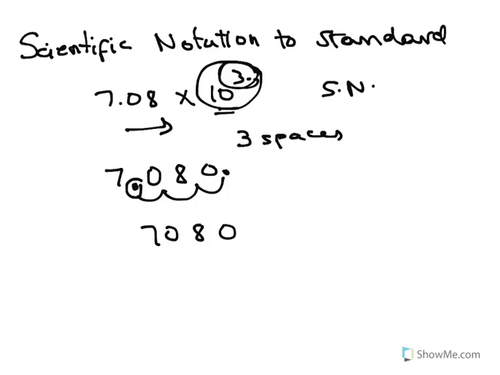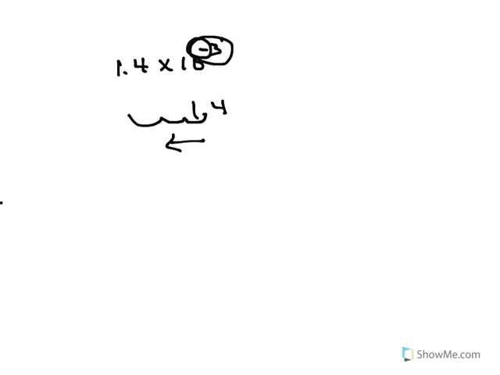Okay, so if I have a number that is small, such as 1.4 times 10 to the negative 3, and I need to represent this number in standard form, again, I write my number, and now I'm going to move my decimal 3 spaces. But because the sign is negative, I'm going to move my spaces to the left. So it's going to go 1, 2, and 3.